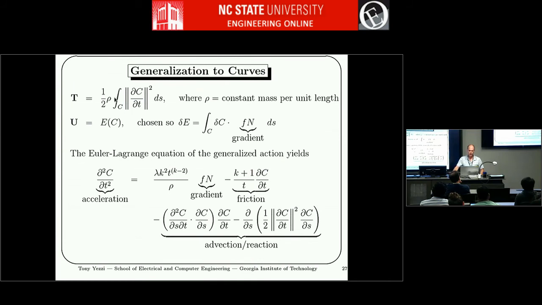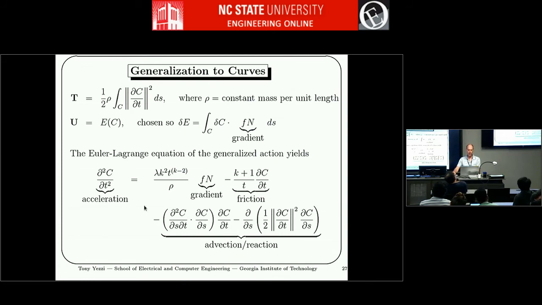So if the density is constant, I can pull it outside the integral. I'm just going to integrate over the curve with respect to arc length the norm of its time derivative squared. That's my kinetic energy. Now I can formulate my action integral, which is whatever the original active contour energy was, subtracted from this kinetic energy, with these time-dependent multipliers that I showed you before in the generalized action, and I just crank the variational calculus machinery to come up with this Euler-Lagrange equation here.